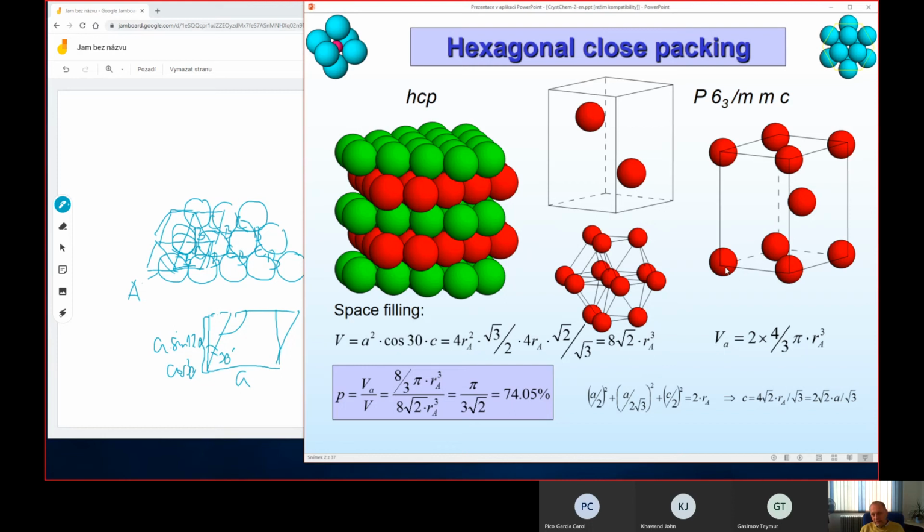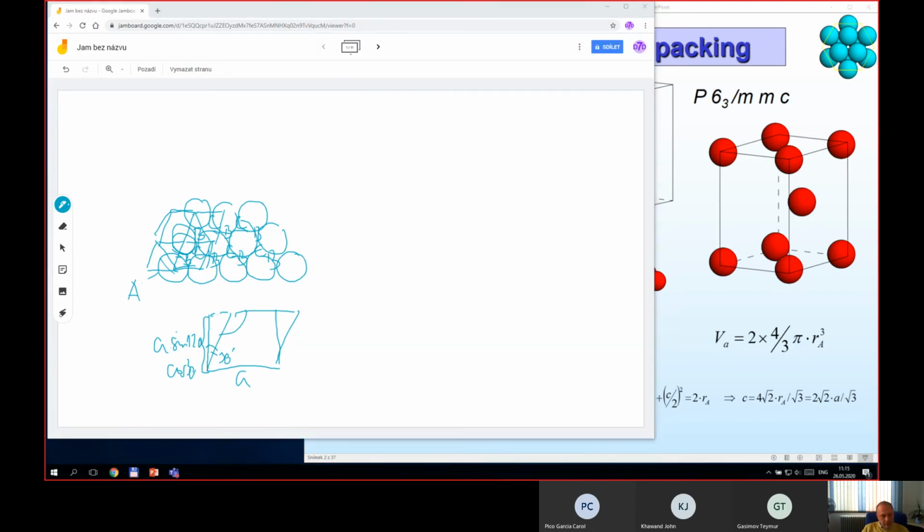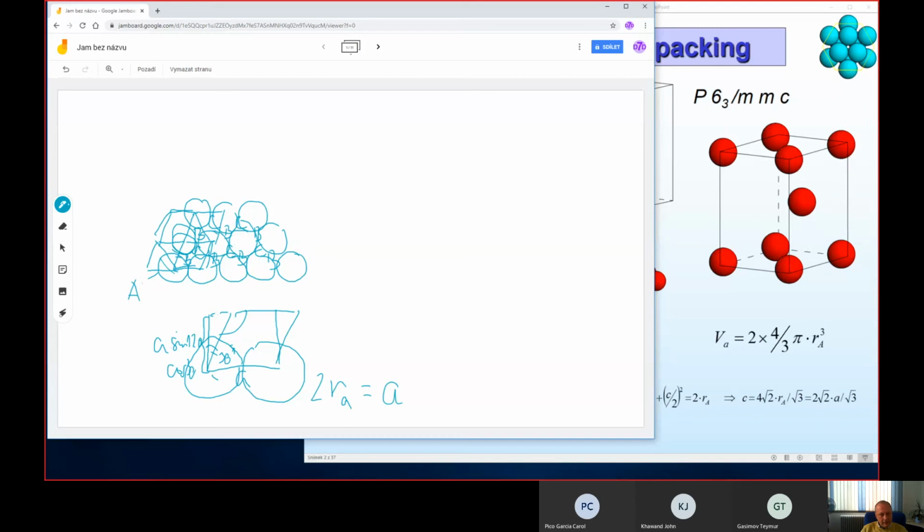So based on this, we have the condition that 4 times RA must be equal to the lattice parameter A, because no, 2 times only, because the 2 atoms must touch on this sphere. So we have 1 atom like this, and another atom like this, and this distance is 2 times RA.